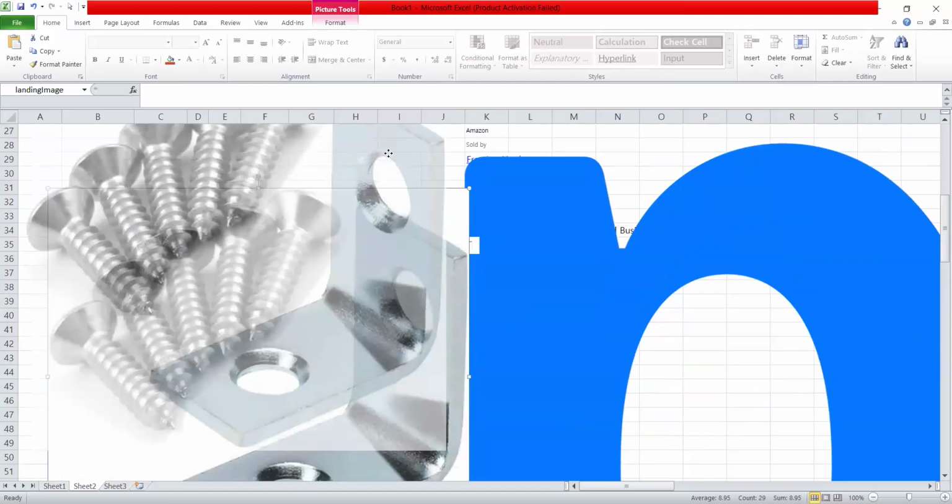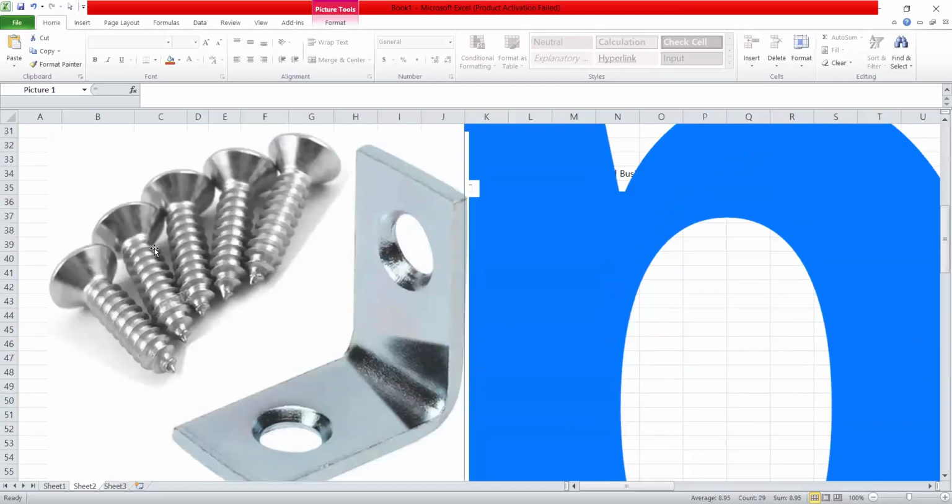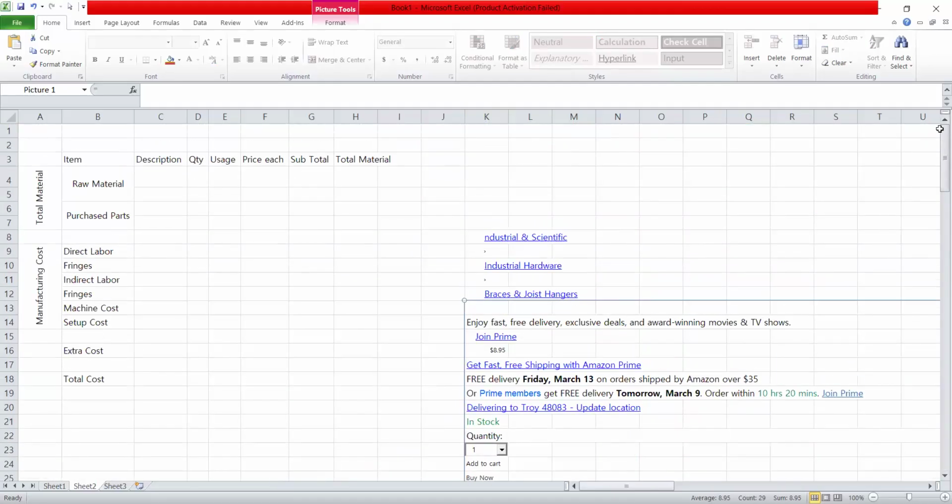Okay, so in this case, we have two parts: this bracket and these screws. Can you see my Excel screen? Yes. So we basically have three parts in all of these cases. The material we're going to estimate.